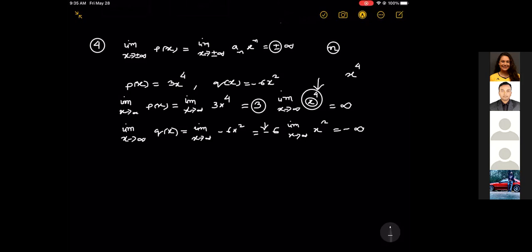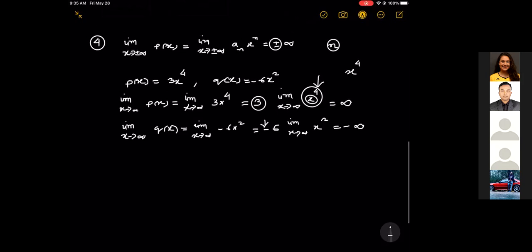Now, what is a leading coefficient? The leading coefficient is the coefficient of the term with the highest exponent. We can have several coefficients, but we only care about the leading coefficient. We are considering only one term here, so the leading coefficient is of course -6.